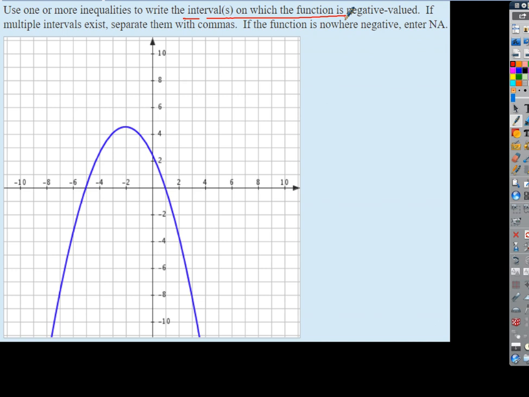Negative valued means below the x-axis. So we want to know where the function is negative valued. Think what that means: negative valued means y is less than 0, right? So that means below the x-axis. So where's that going to happen?